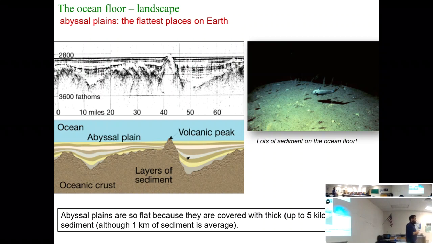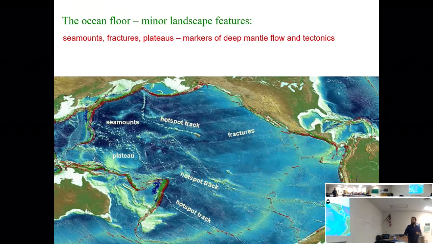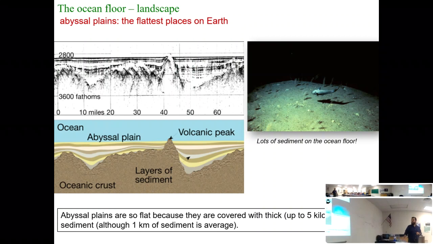But anyway, yeah, sediment. We're going to get all into everything about sediments pretty soon. Probably 1 kilometer of sediment is maybe average for the ocean, but it varies wildly. Like I said, it could be anywhere from 10 kilometers to a few meters or a meter.